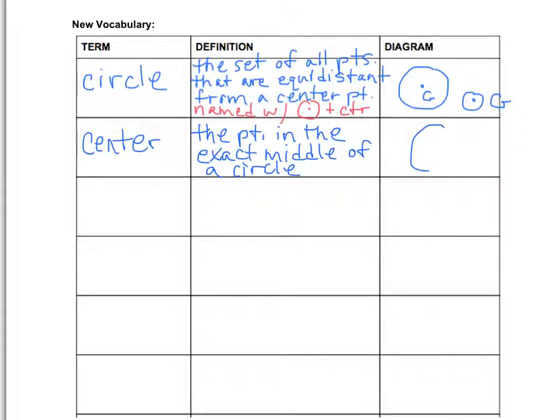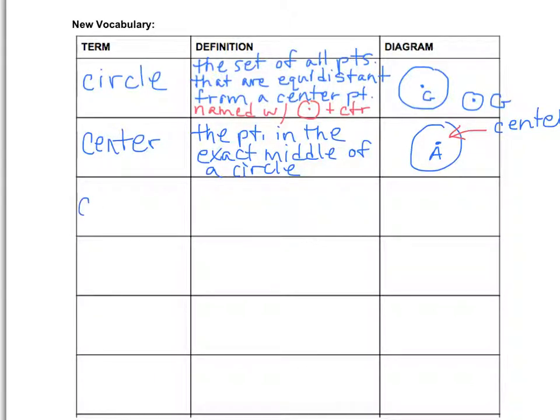So if we're doing a quick sketch, here's my circle. Bear with me for its floppiness with my stylus writing here. But of course, this point right here is the center. Okay, so that's what we're looking at as far as our center definition.